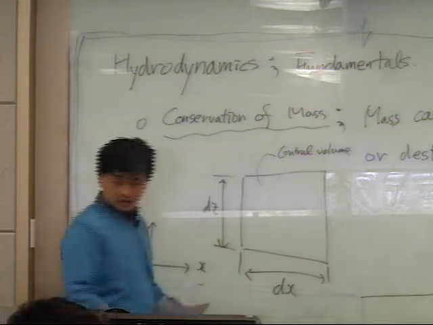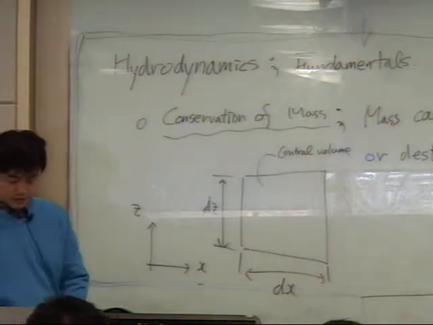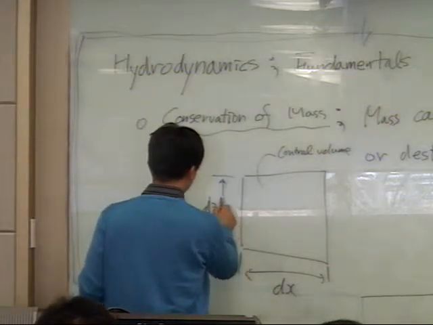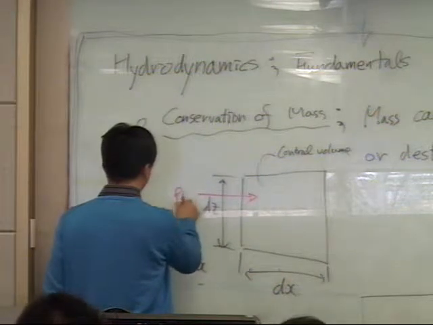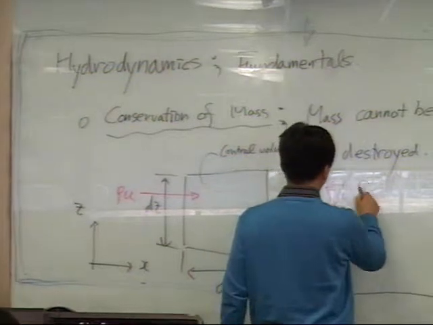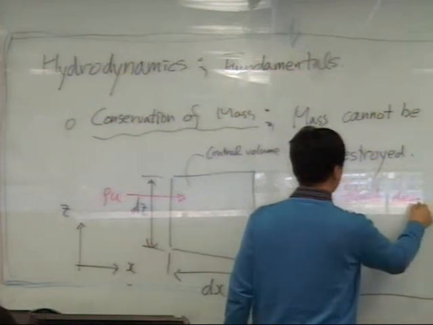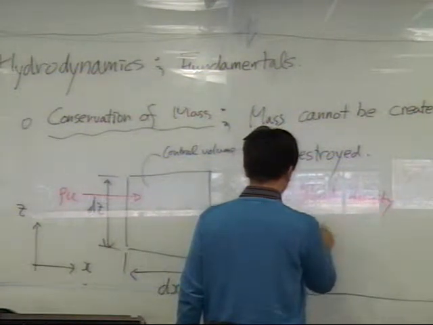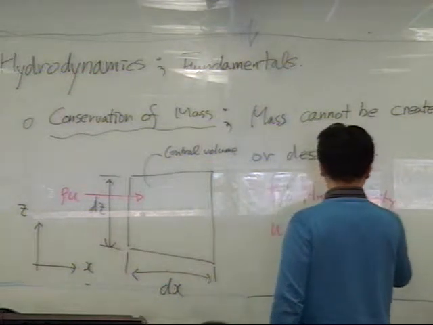And in this volume, there is going to be some flow, rho u. Here, rho is density, fluid density, and u is the velocity in x direction.